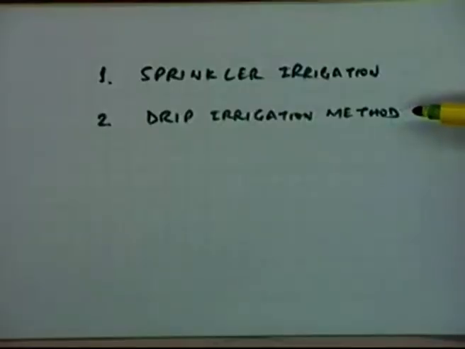With that objective, this method came into being. And Israel is the country where the sprinkler irrigation as well as the drip irrigation method has been pioneered. They have pioneered these pressurized systems, and even now I think they are one of the leaders in these two irrigation methods. Let's look at these methods one by one.